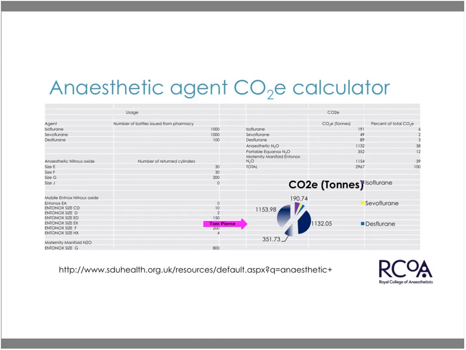We can see the number of tons of CO2 equivalent related to nitrous oxide in anaesthetic terms, the Entonox in the maternity unit, and just tucked up here you can see the effect of the inhalational agents. For example, 190 tons of CO2 equivalent from the use of isoflurane.